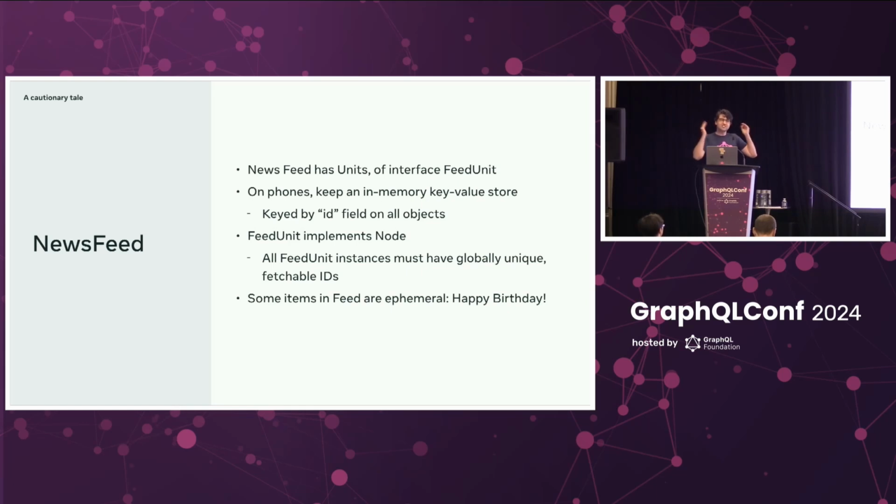It's something you see once. Once you scroll past it, you're done. It doesn't need to come back to you. We've already wished you happy birthday this year. We don't need to do it over and over and over. And so these types aren't stored in any database. We don't have a way to get back that same instance of the happy birthday unit. It's kind of randomized. It's ephemeral.